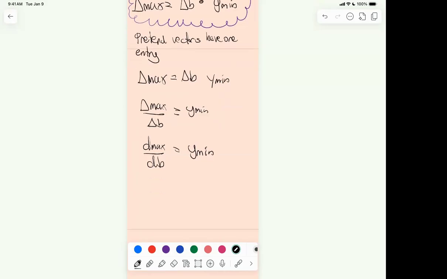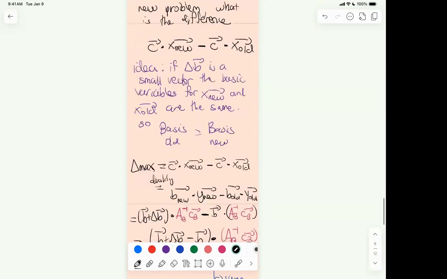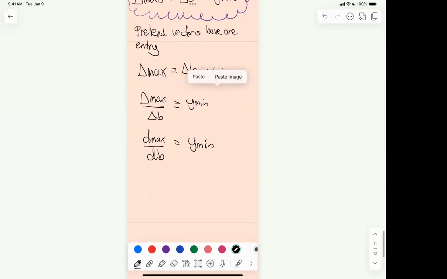You should think about it in that way, and it's a useful interpretation. So roughly, the variables that minimize the dual problem are rates of change. That's an okay way to think about it. The variables that minimize the dual are derivatives in a sense.